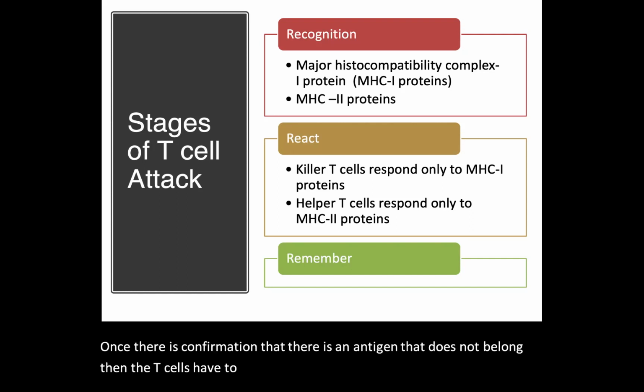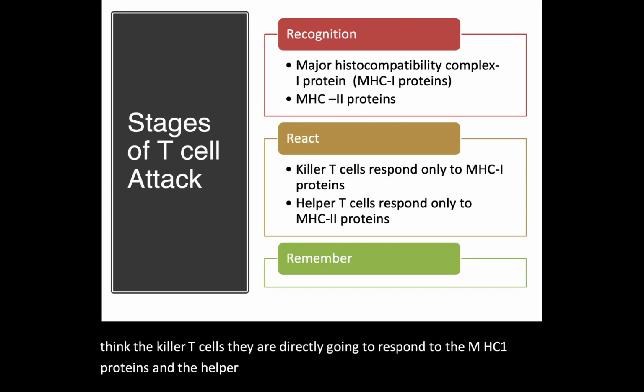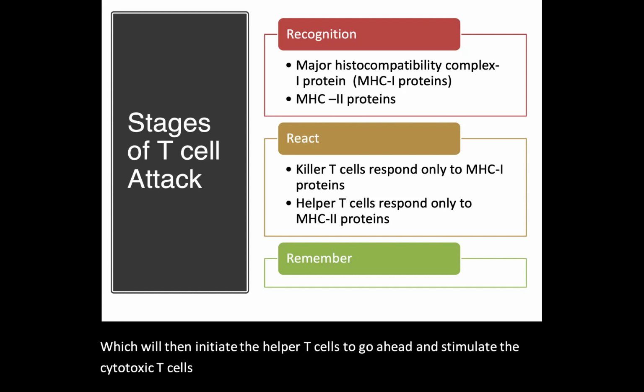In order to react, the cytotoxic T cells, the killer T cells, are directly going to respond to the MHC1 proteins, and the helper T cells are going to respond to the MHC2 proteins, which will then initiate the helper T cells to go ahead and stimulate the cytotoxic T cells, or the killer T cells.